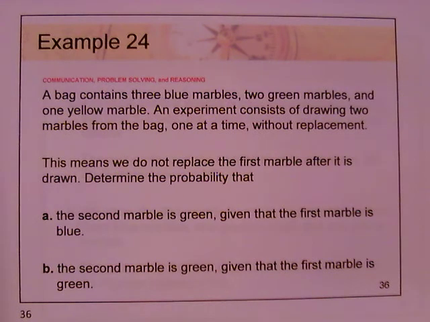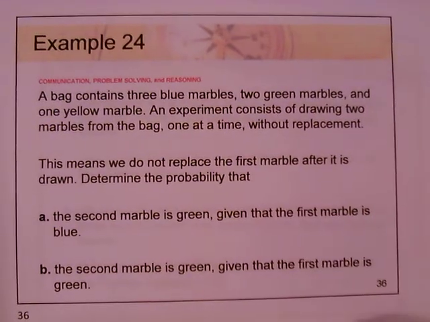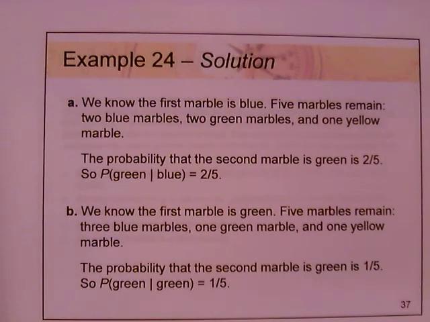Here I want to determine the probability that A, the second marble, is green, given that the first marble is blue. And in part B, we're going to determine the probability that the second marble is green, given that the first marble is also green. Okay. So we know the first marble is blue. That means 5 marbles remain.